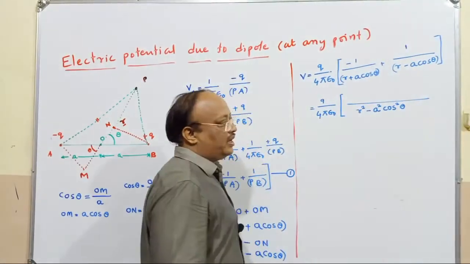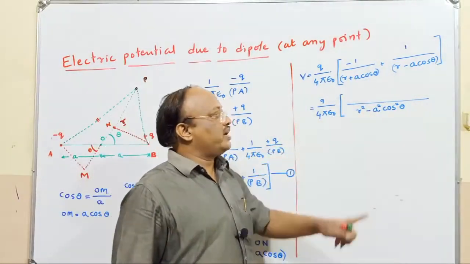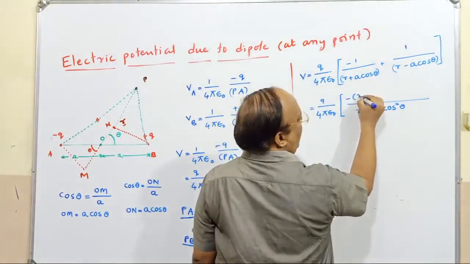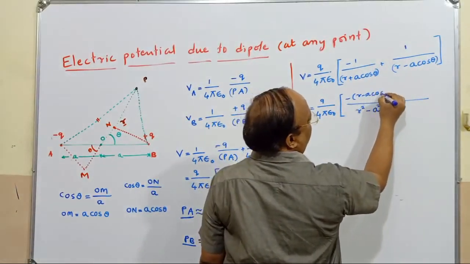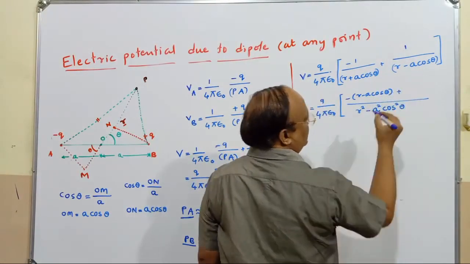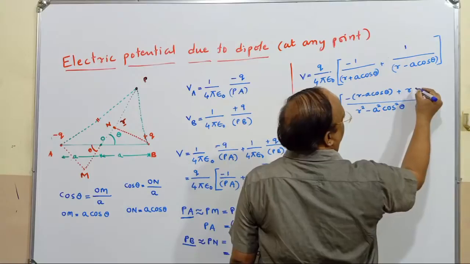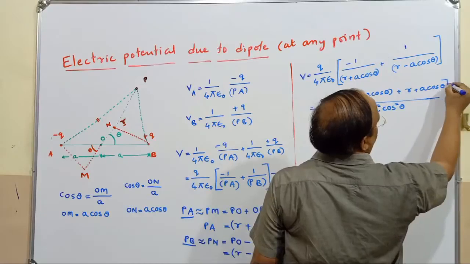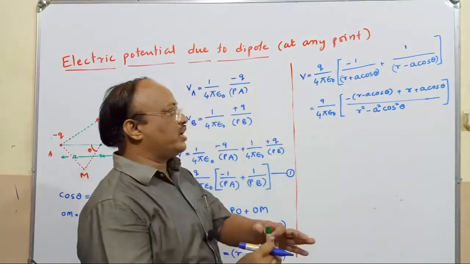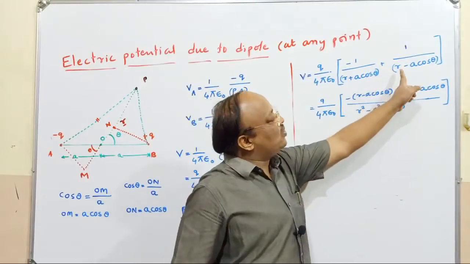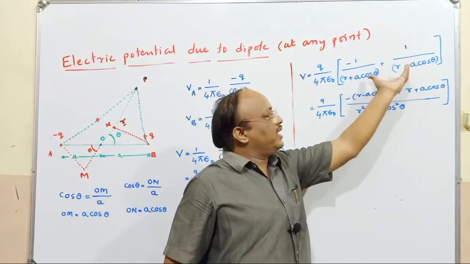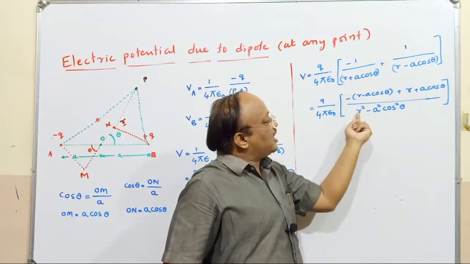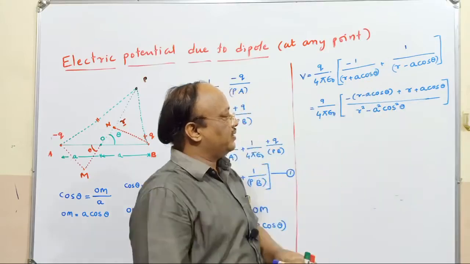LCM of this will be R square minus A square cos square theta. So this will be minus R minus A cos theta plus, so this will be R plus A cos theta. Here LCM will come R plus A cos theta into R minus A cos theta, which is R square minus A square cos square theta.